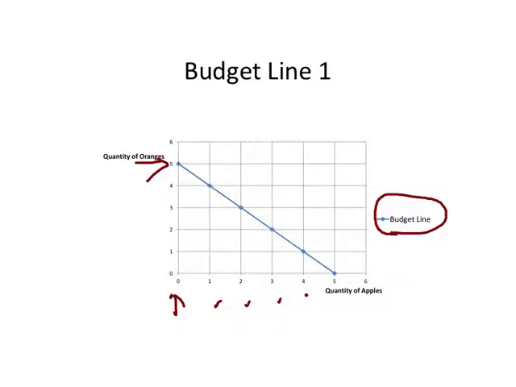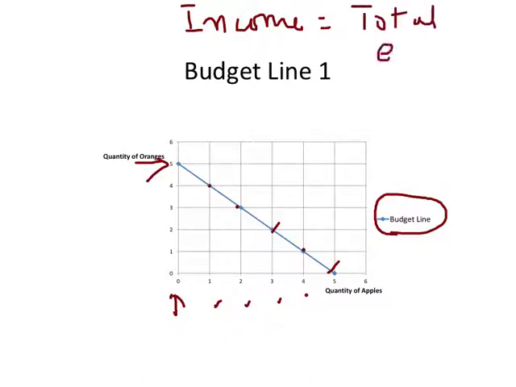So if this person is anywhere on the budget line, this person's income will equal total expenditure. And what is this total expenditure? It is expenditure on apples and oranges.